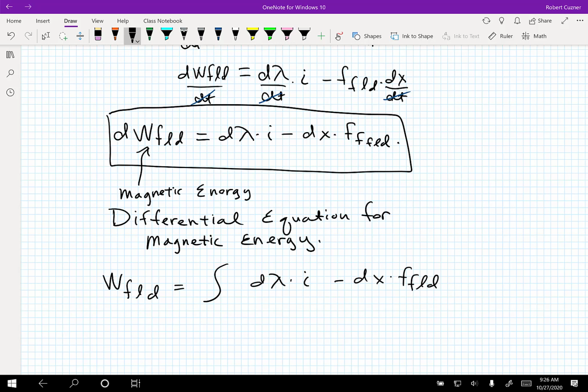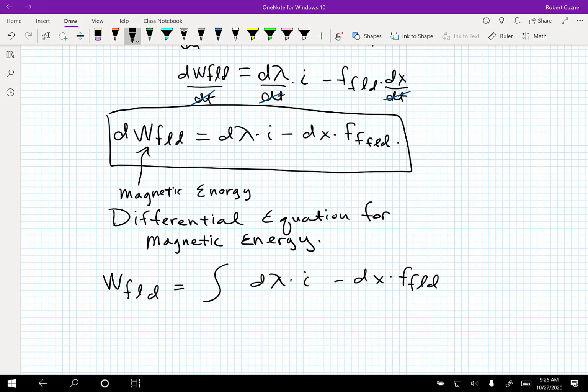And now what you have is, this is maybe new to some people, but I don't know how many of you have had controls classes or differential equations classes.